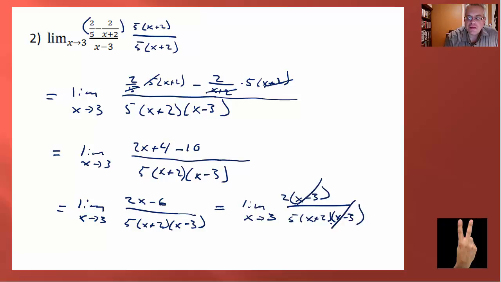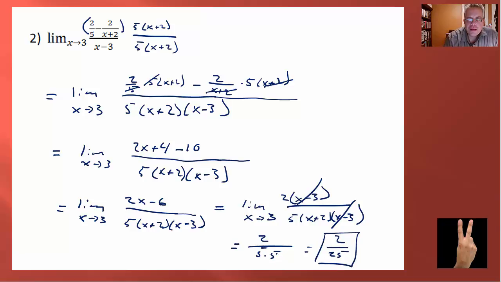How about that? That's gone. Okay, I'm going to save us a little writing. We can go ahead and take the limit now. As x approaches 3, the numerator is 2, and the denominator would be 5 times 5, since 3 plus 2 is 5. So after all our work, we get 2 over 25.